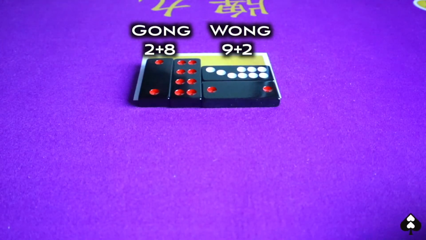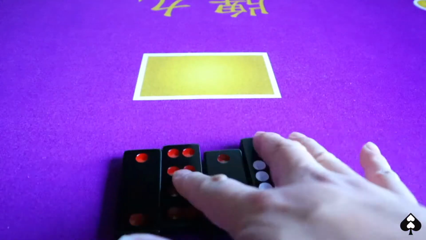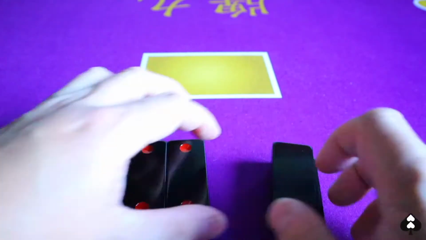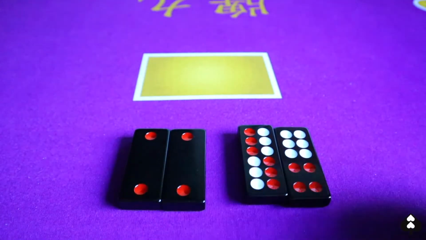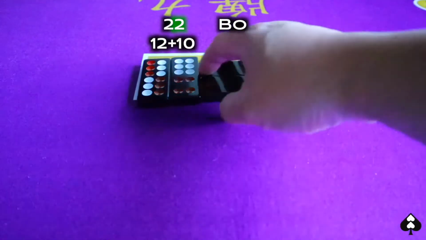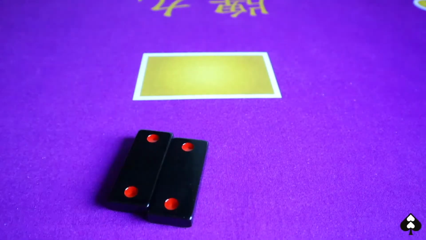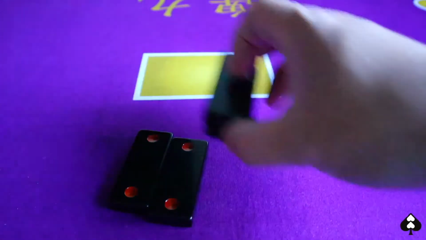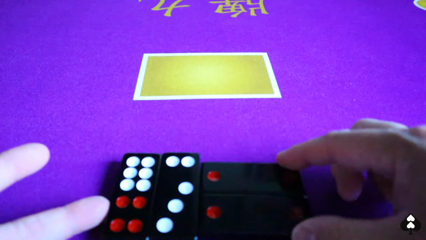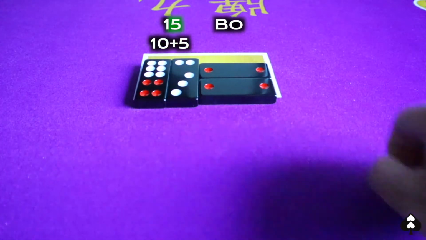Gong, wong. Remember, you are splitting. You're making your hand as close together as possible. Two, bow. Five, bow.